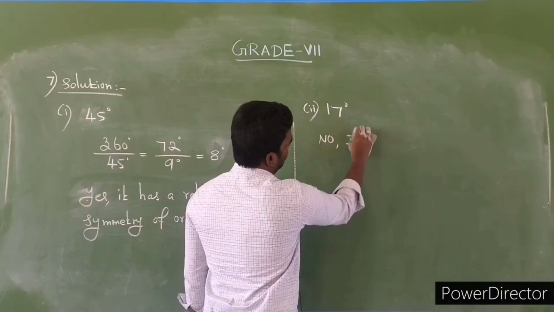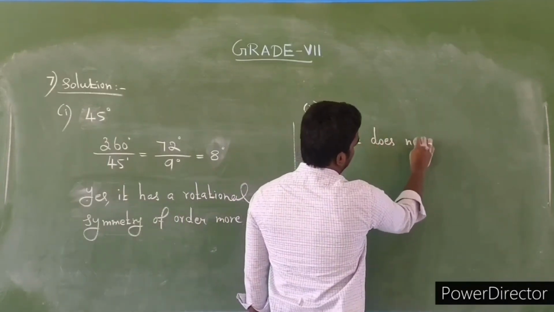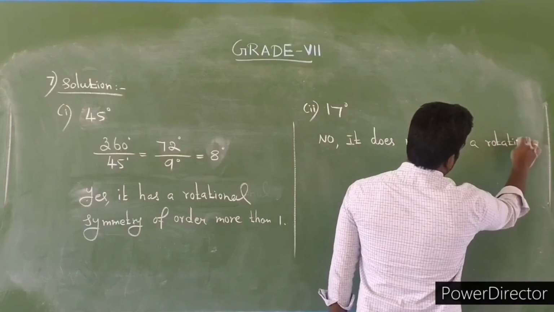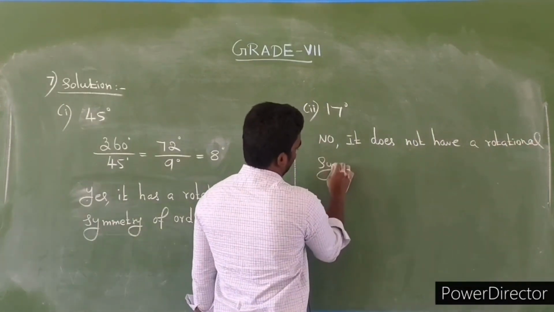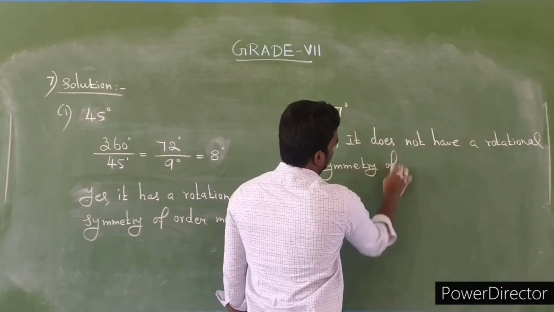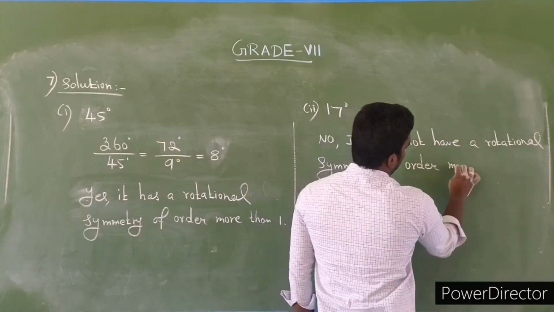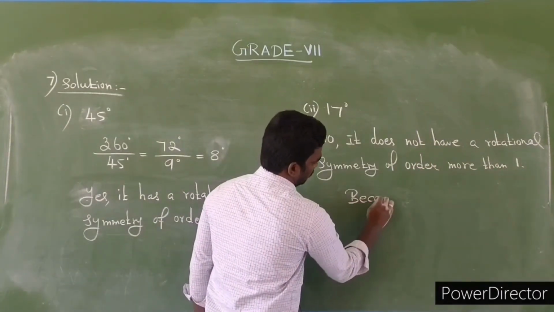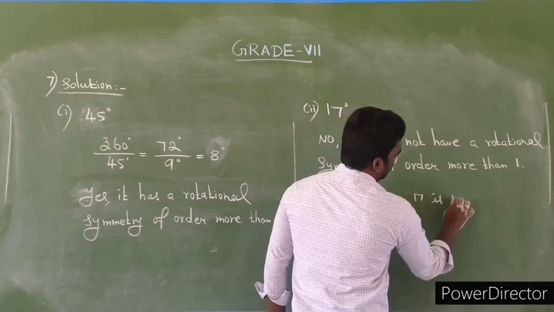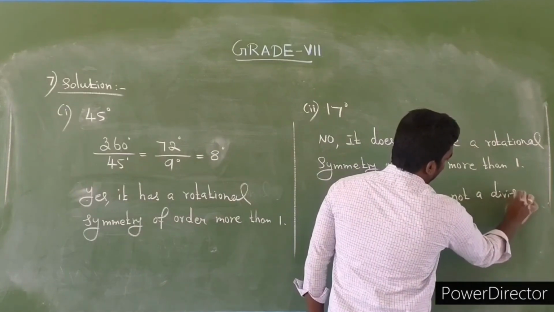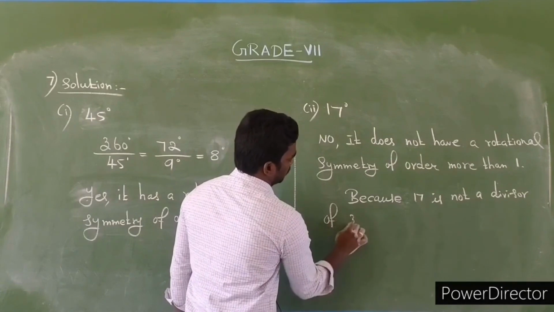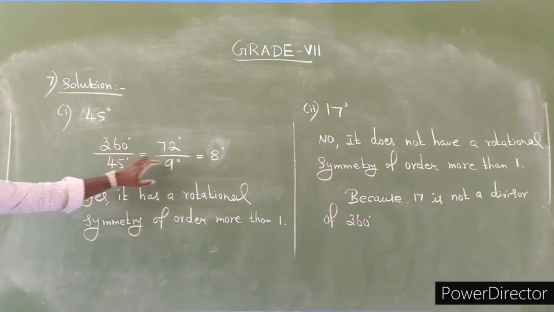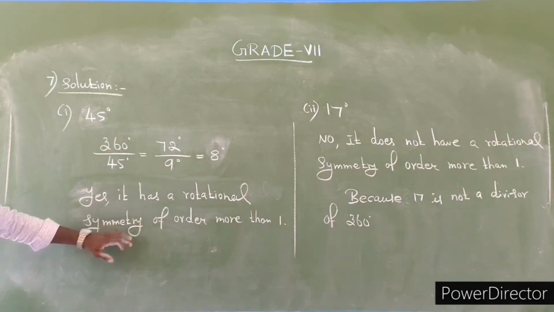So no, it does not have a rotational symmetry of order more than one, because 70 is not a divisor of 360 degrees. For the first one, 45 degrees is given, and 360 divided by 45 is 8, so yes, it has a rotational symmetry of order more than one.